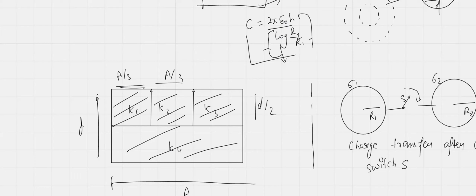It is something like 2 epsilon naught A upon bracket 3 upon K1 plus K2 plus K3 plus 1 upon K4. Actually, that goes a little bit incorrect.